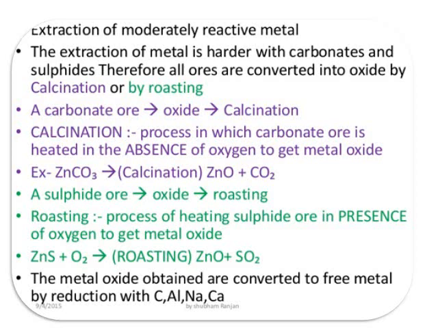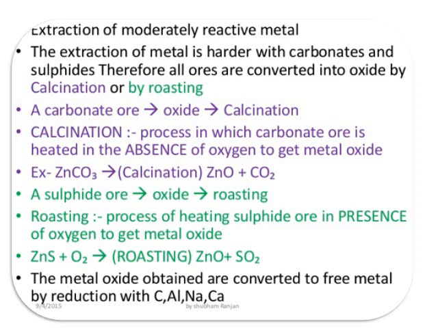Sulfides are converted into oxides by roasting, and carbonates are converted into oxides by calcination. The metal oxides thus obtained are then reduced to the corresponding metals using suitable reducing agents such as carbon.